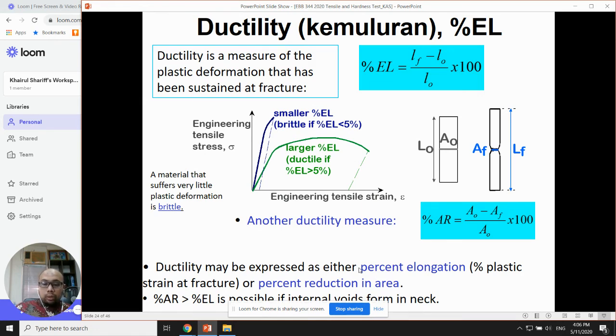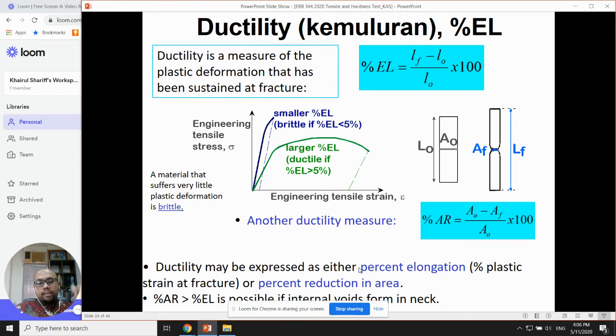Meanwhile, when you calculate from this, metal A is about 15%, metal B is about 3%. So metal B has a lower ductility compared with metal A. What other parameter changes?